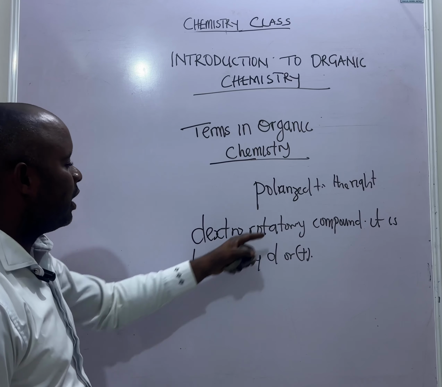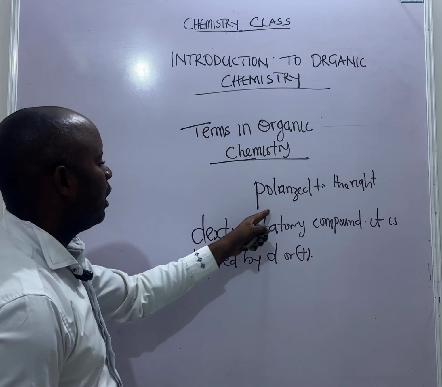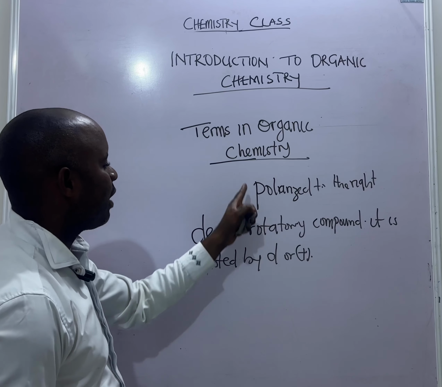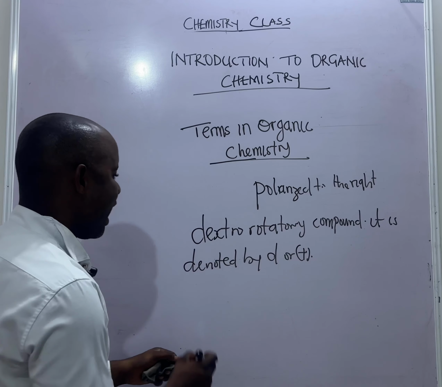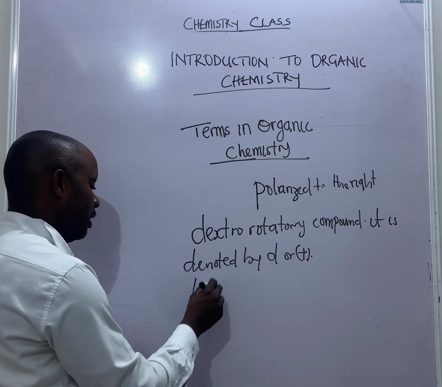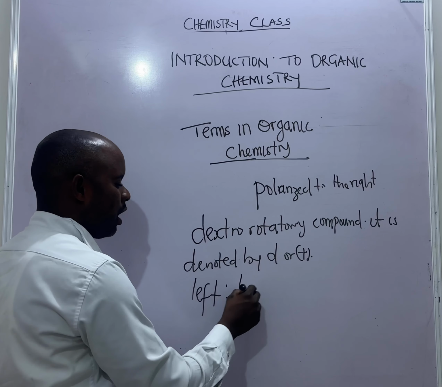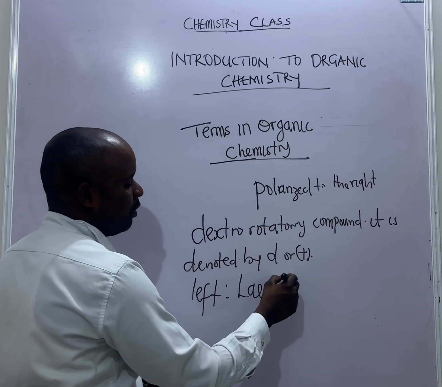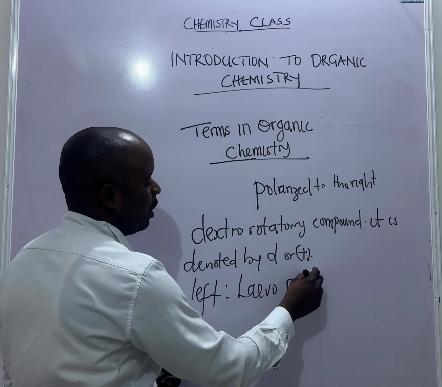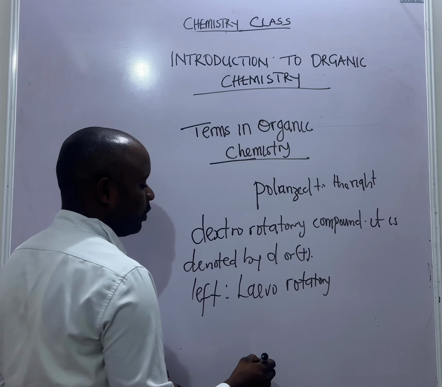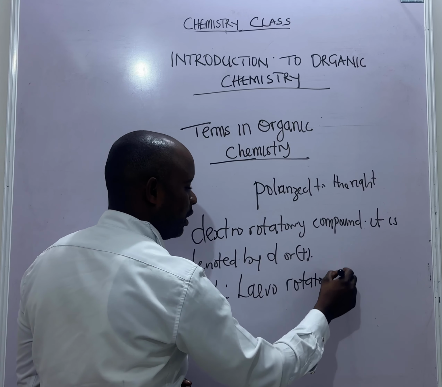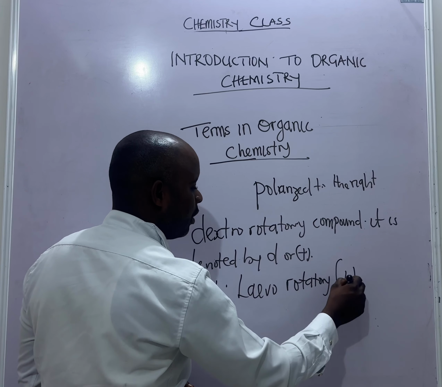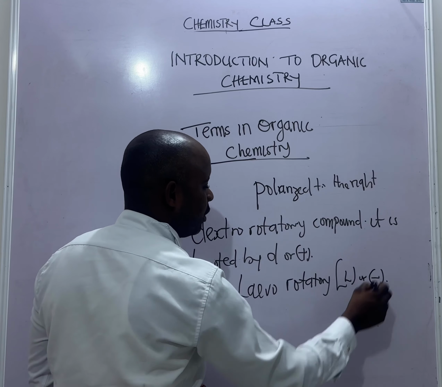When polarized light is rotated to the left, the compound is known as levorotatory, and it is denoted by L or negative.